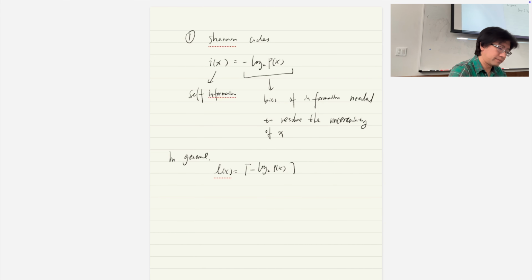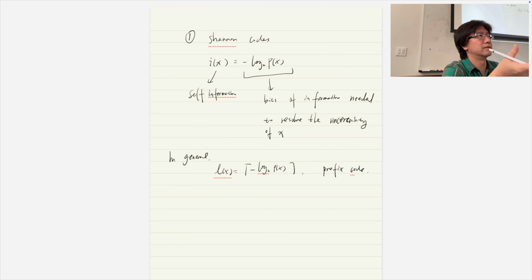When we mention Shannon codes, we want to use this code length, but we want to construct a prefix code.